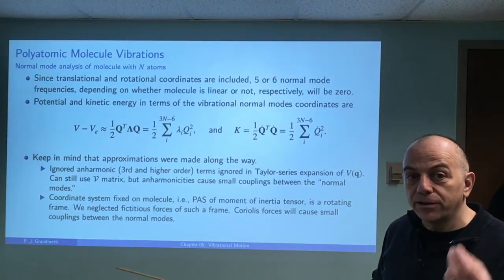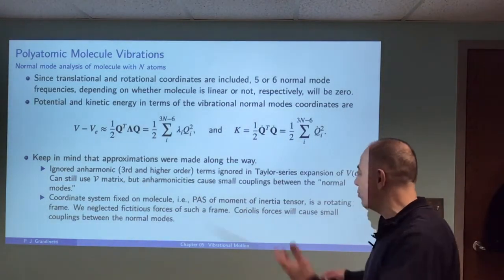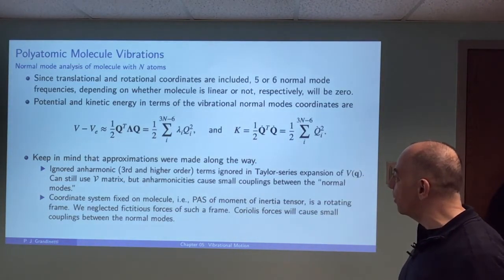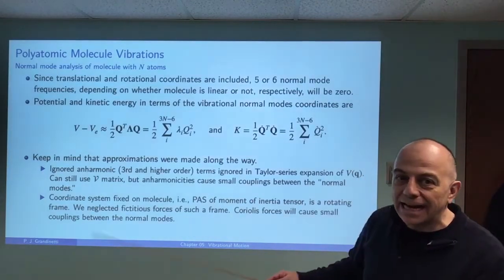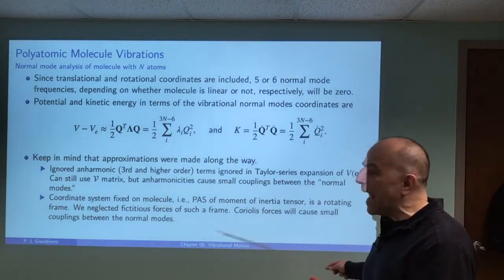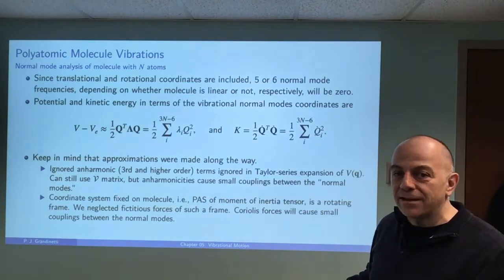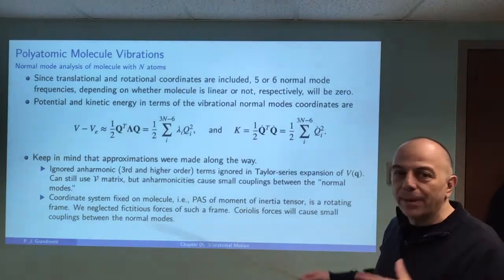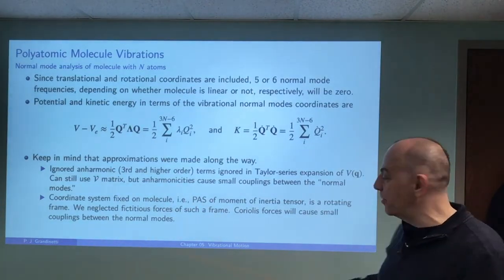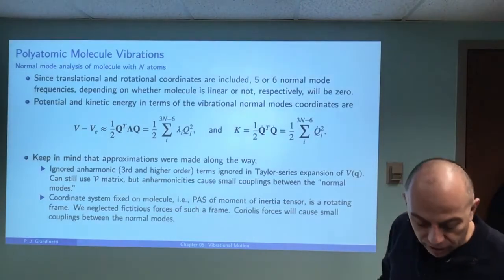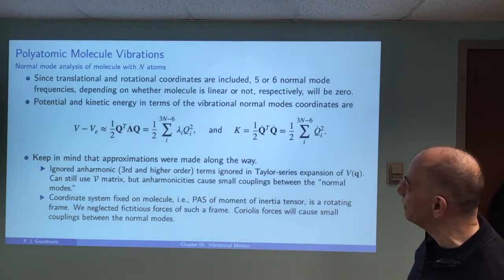As those molecules move, the Coriolis force will cause additional issues. If we ignore those Coriolis forces, then we're not going to get exactly the right answer, but we can add them on later as a kind of perturbation. So we can stick with our normal mode analysis, but use a perturbation to include the coupling between these normal modes that's caused by these Coriolis forces that we neglected in our first approximation.